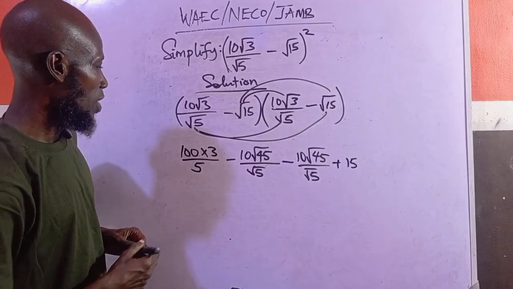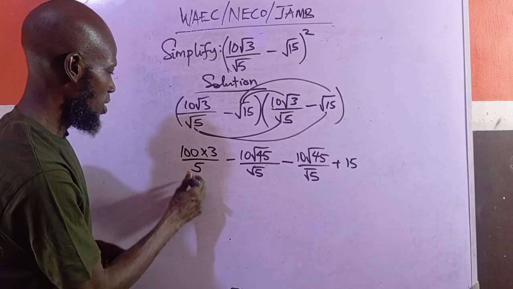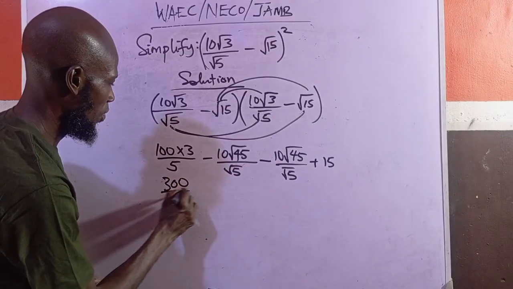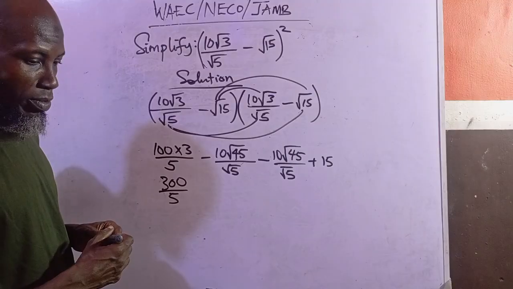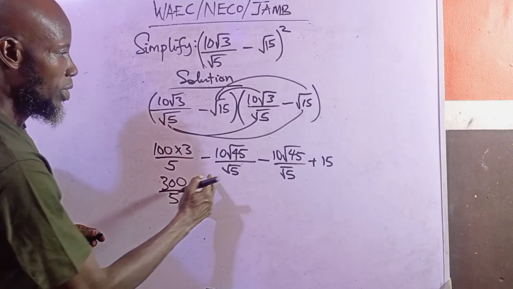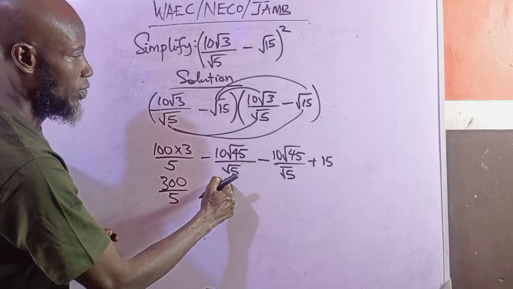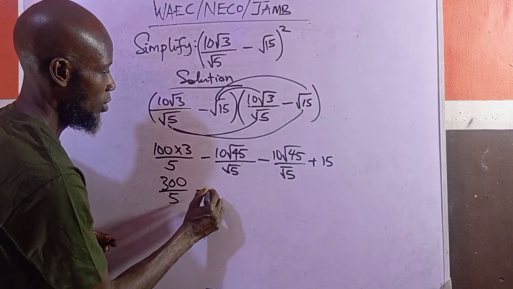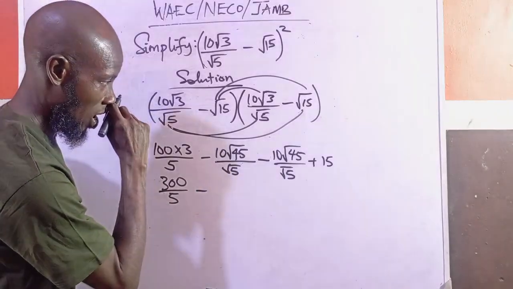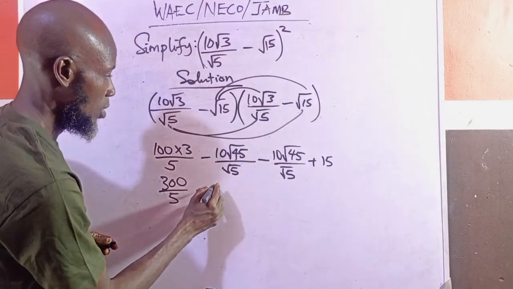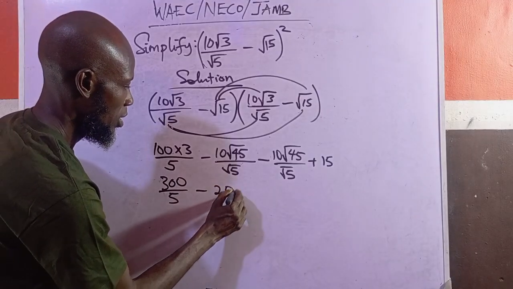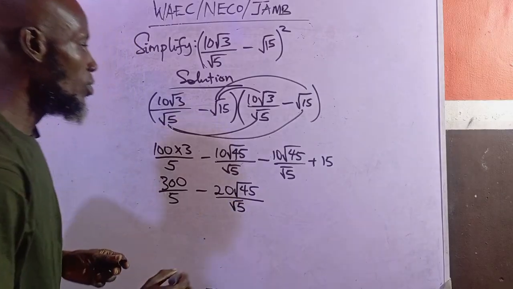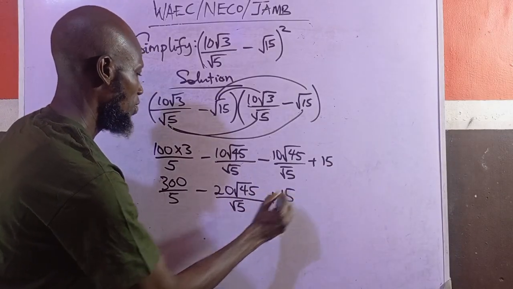Now, let's simplify further. We have 100 times 3, that's 300 over 5. So, minus 10 root 45 over root 5. These are common, so we are going to add them. We are going to have minus 20 root 45 over root 5 plus 15.